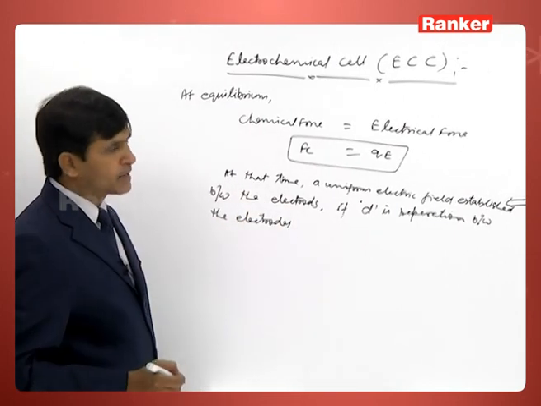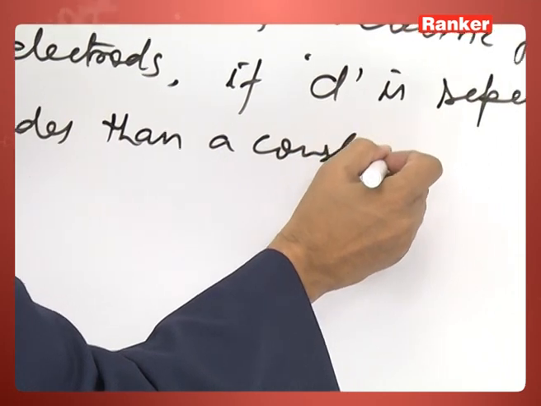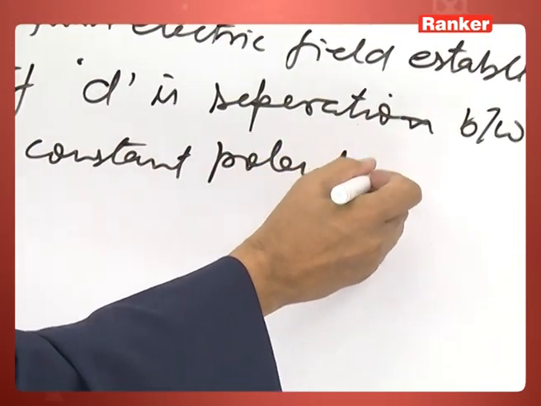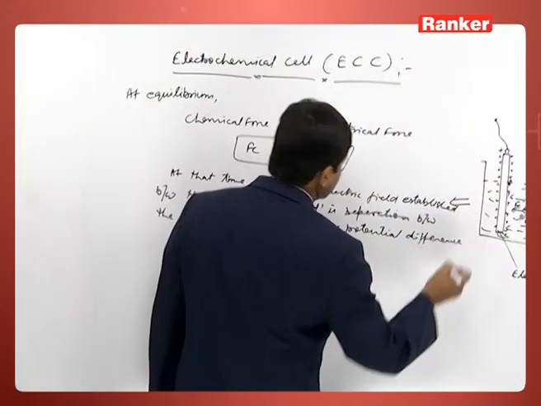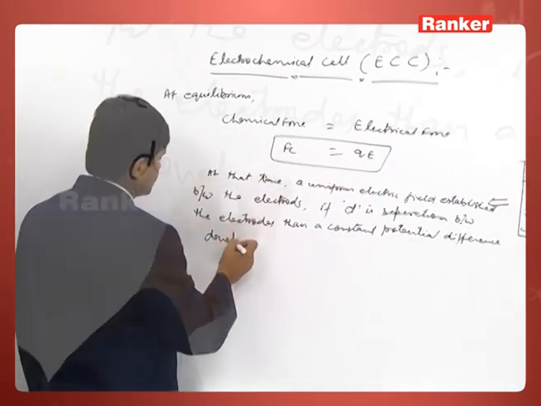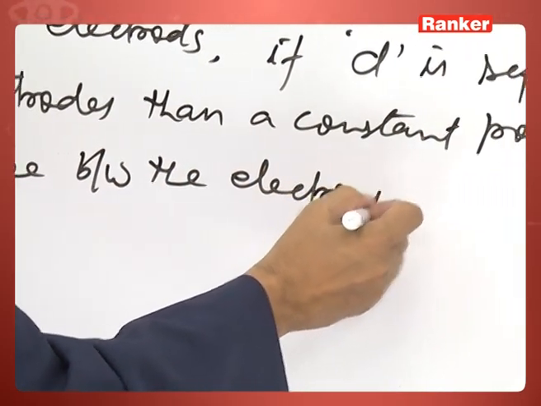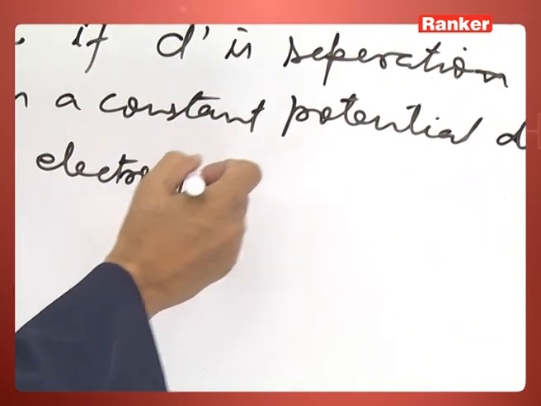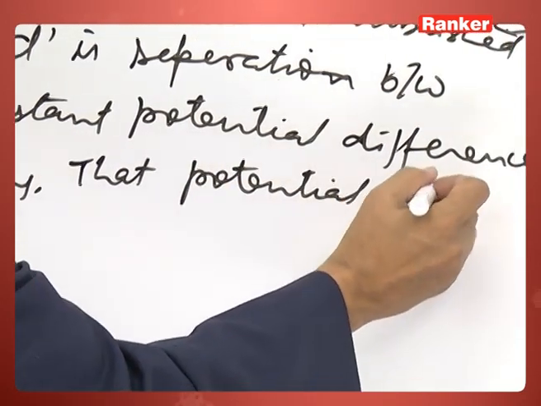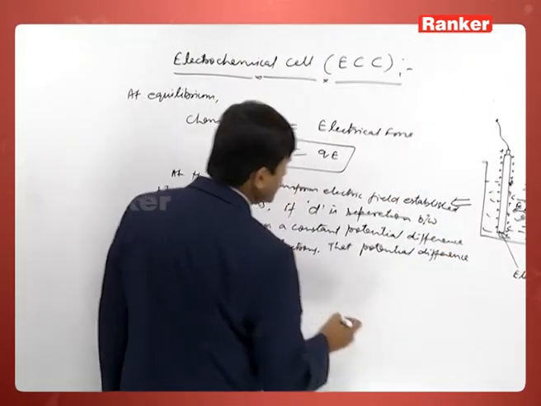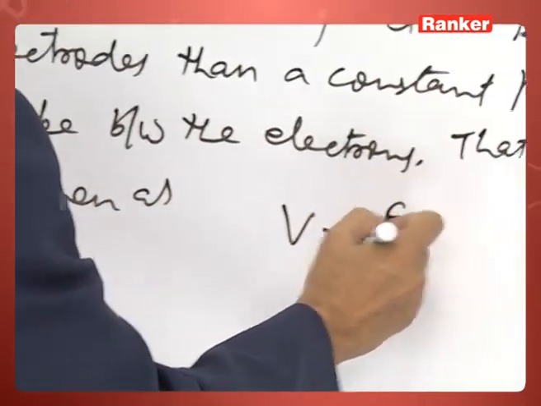If D is the separation between the electrodes, then a constant potential difference develops between the electrodes, and that potential difference is given as V is equal to E into D.